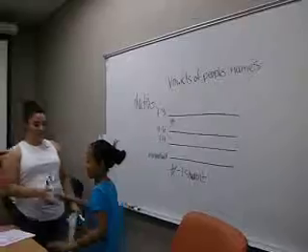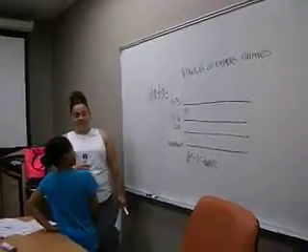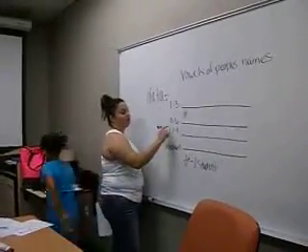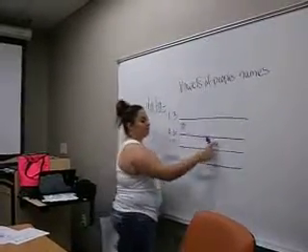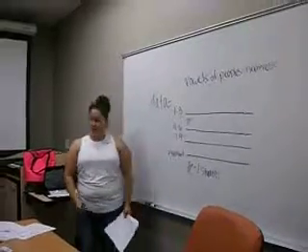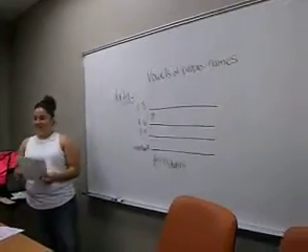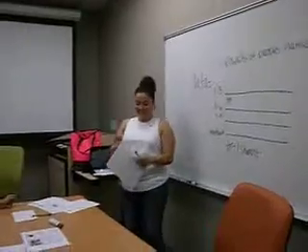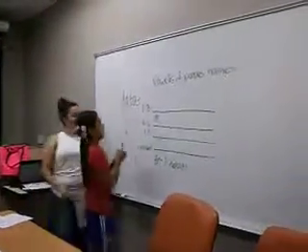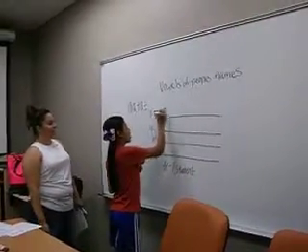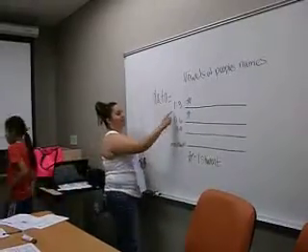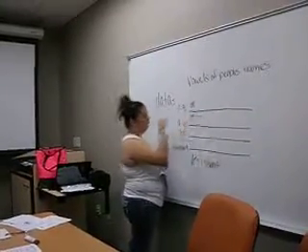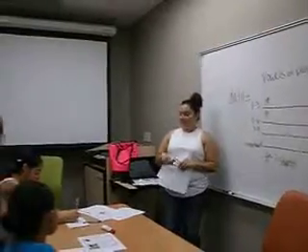How many vowels do you have in your name? 4. So you have 4, therefore it goes in the 4 to 6. What's this called? A line. Row. Row. Good job. Nayeli. Awesome. How many vowels do you have in your name? 3. So you're in the 1 to 3 row. Daisy?